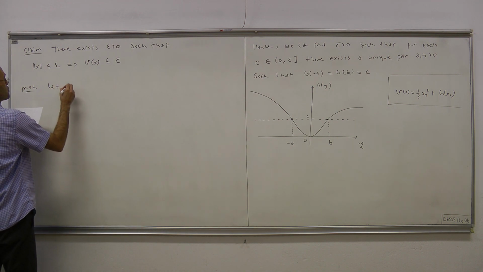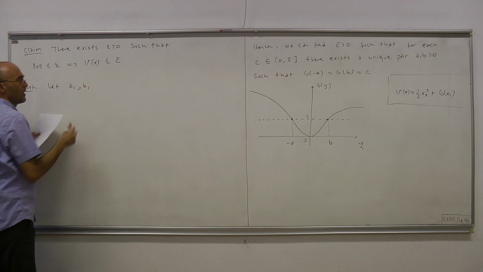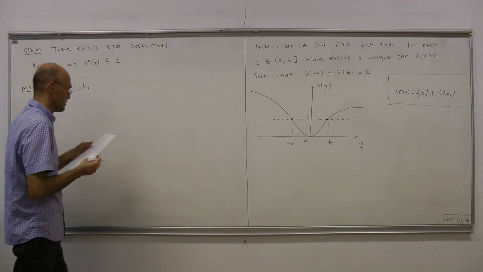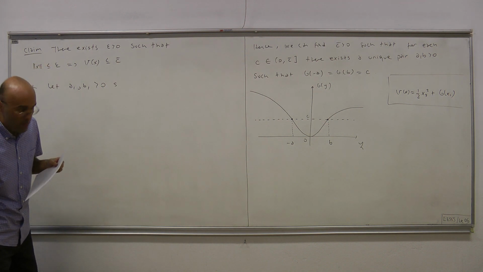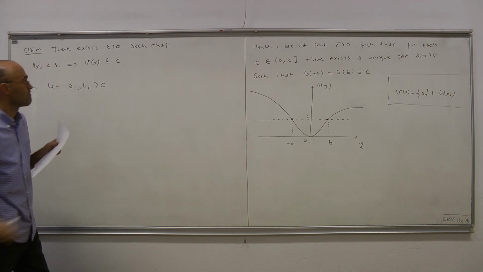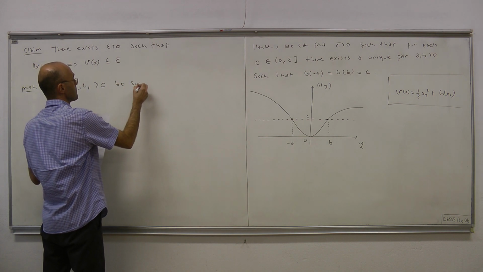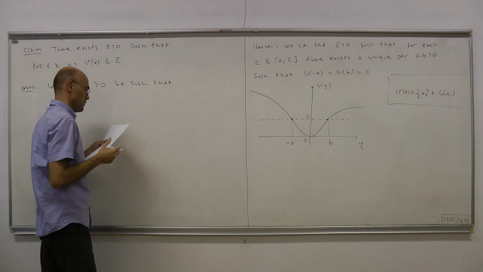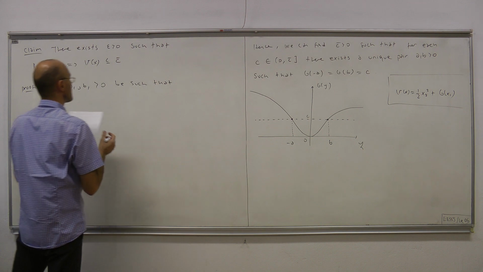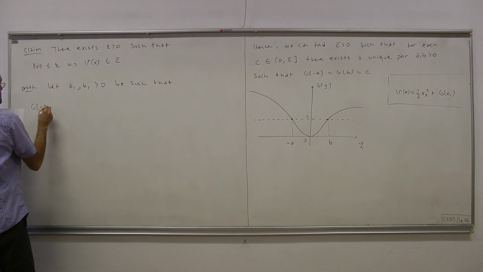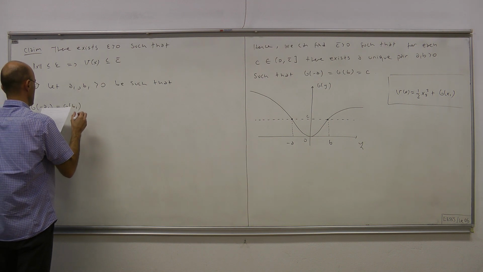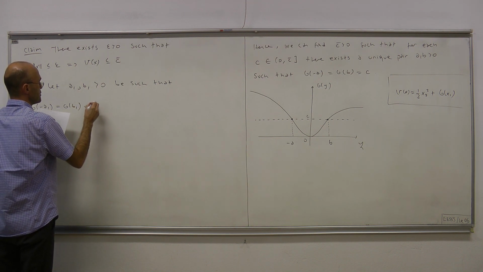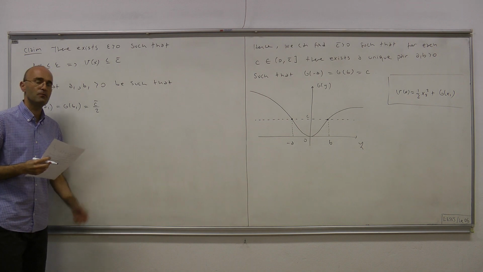Let us choose first a1 and b1, two positive numbers, such that g of minus a1 equals g of b1 equals c bar over 2.